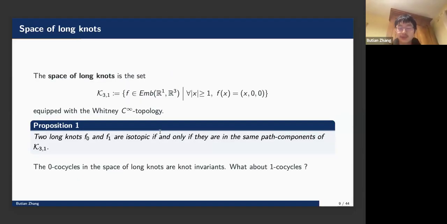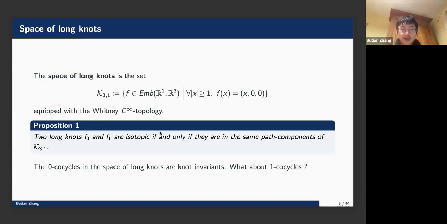These are a brief recollection of knot theory. And now let's come to our objects, the space of long knots. When we say space of long knots, it means the set formed by all the long knots equipped with the C infinity topology.